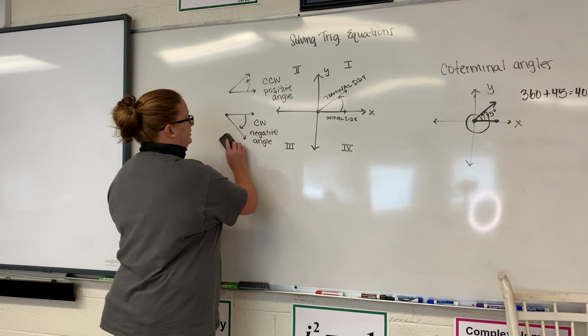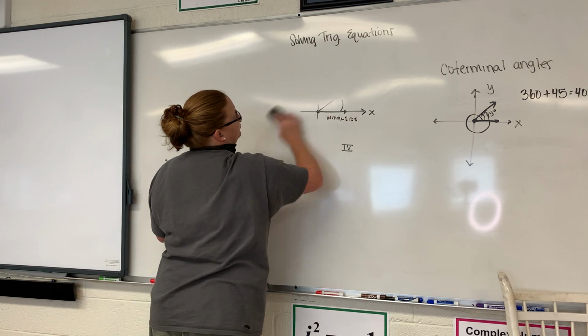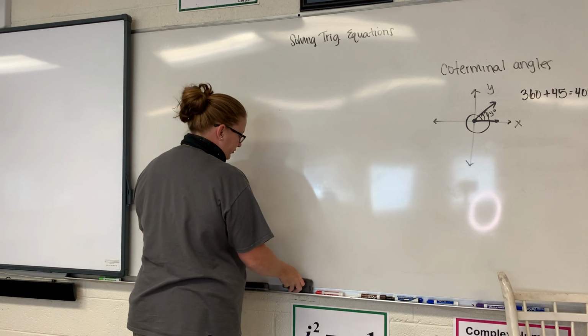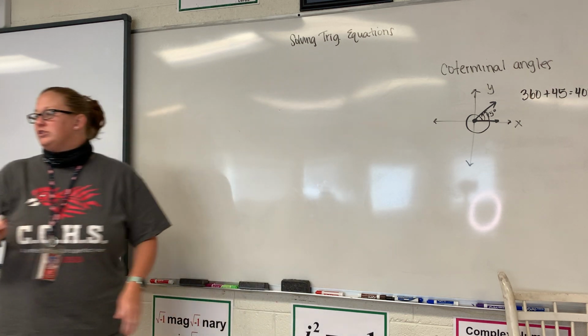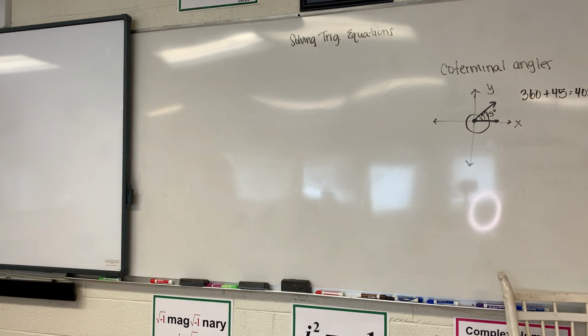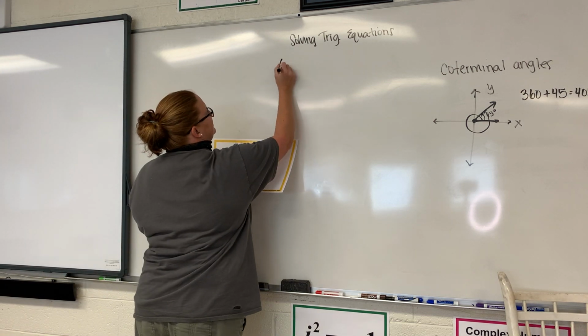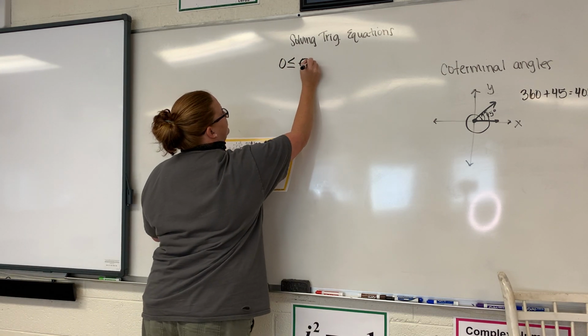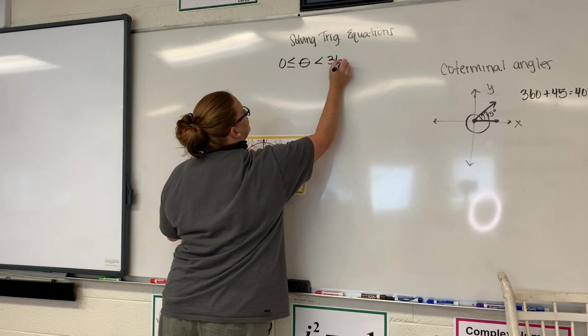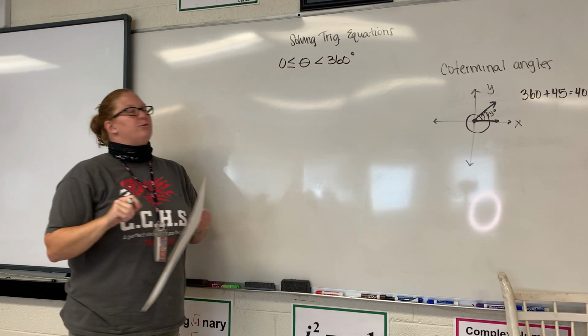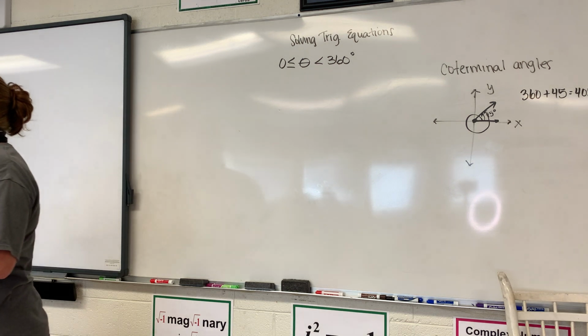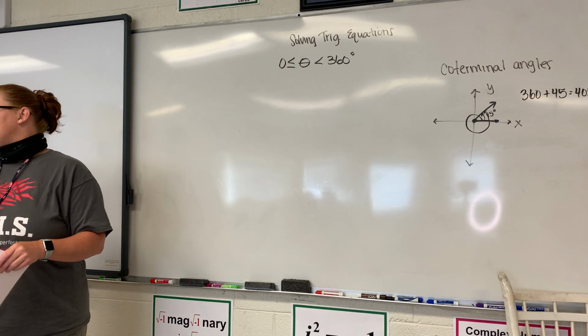Looking at your unit circle, we're just going to be asked the simplest of the simple. You're going to be given a domain, and that's going to depend how we answer the question. If you're given 0 to 360 degrees, our answer needs to be in degrees.